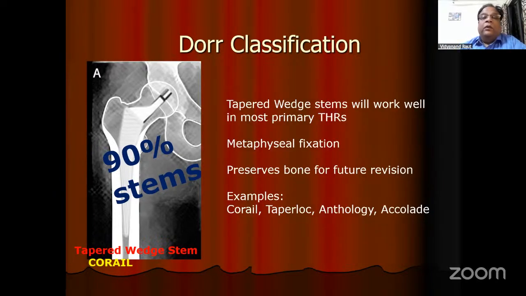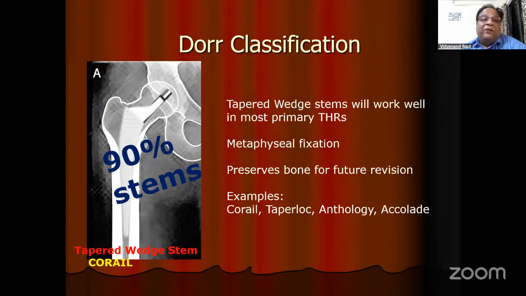So in most primary THRs, the tapered wedge stem or a Corail type stem will work. It will have a good metaphyseal fixation. You have to size it properly. You cannot undersize it. If you undersize it, it's going to sink and it's going to fail in retroversion also. So sizing is very important.